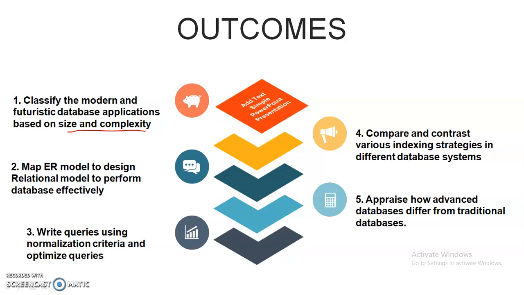So we are going to classify how advanced databases differ from traditional databases. So these are the outcomes that we are going to study in your subject database management system, right? These 5 outcomes are going to be utilized.